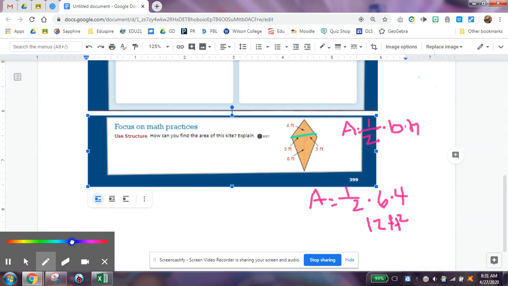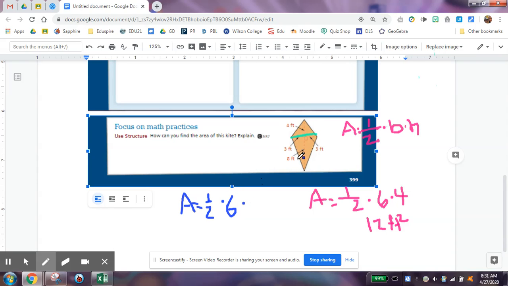Let's change colors. We're going to go over here. So we're going to do the bottom triangle now. We have 1/2 times, the base is the same base. They share that base. So I know that's 6. Their height, it goes from here, makes a right angle down at the base, is 8. 8 times 6 is 48.